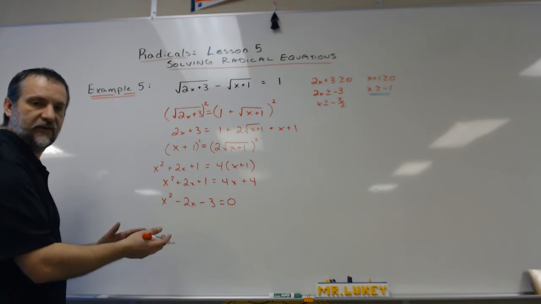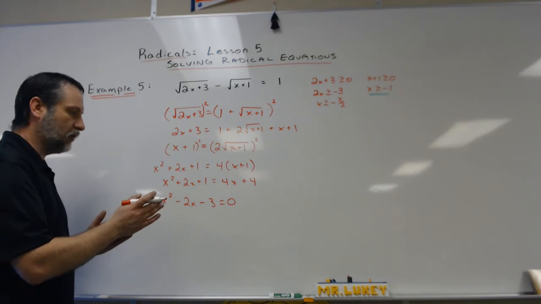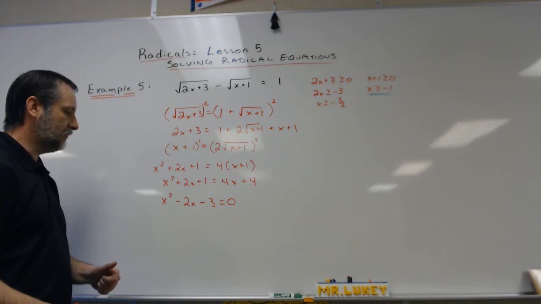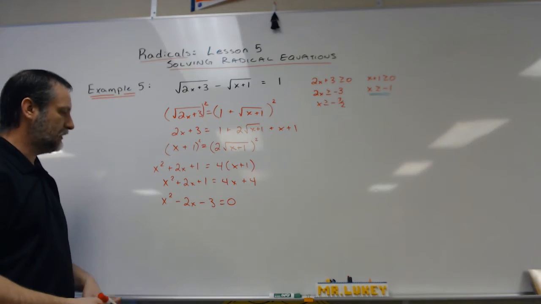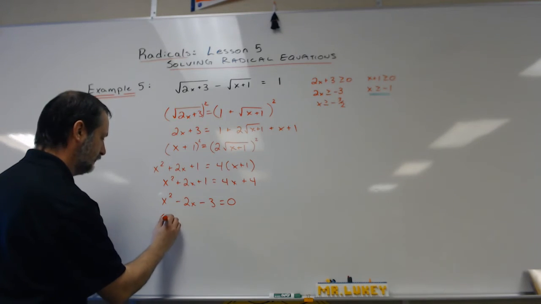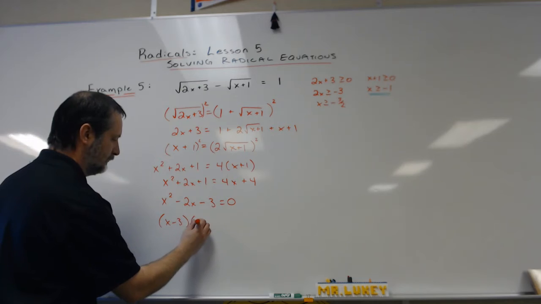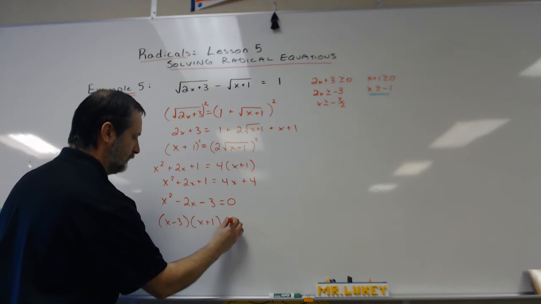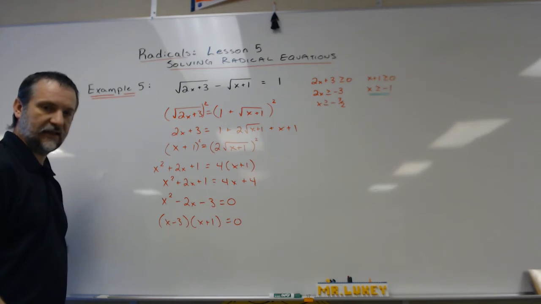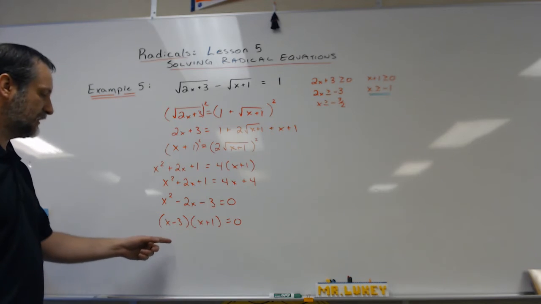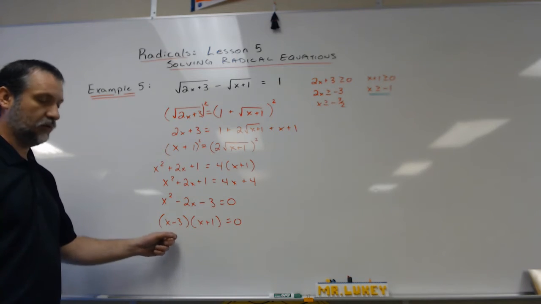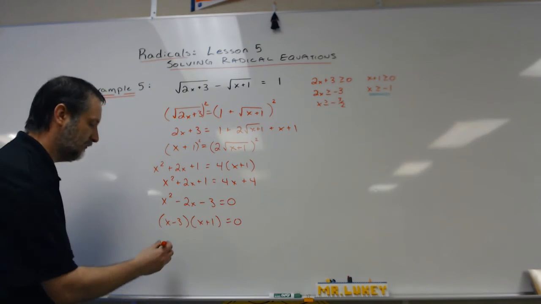So now I got this in a basic ABC format. So I'm looking at negative 3 and positive 1. And just like that, I can find that my answers must be x is equal to 3 or x is equal to negative 1.